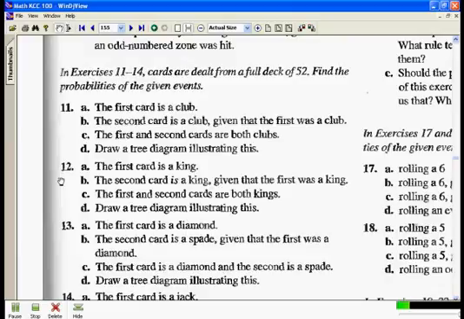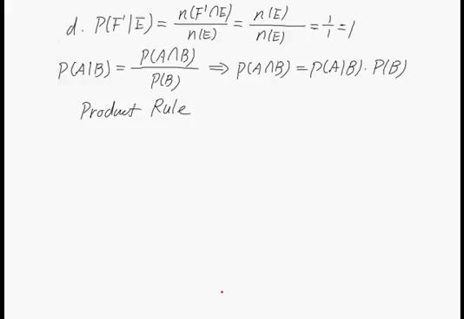Let's first look at part A. Page 315, Problem 12, Part A. First, let K1 be the event the fourth card is a king.